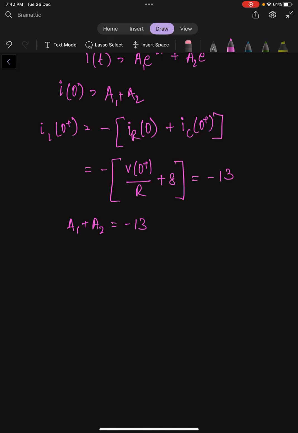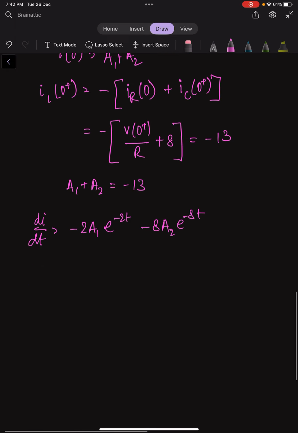We take the differentiation of the above equation, di by dt. We are left with minus 2A1 e power minus 2t minus 8A2 e power minus 8t. Now if we evaluate di/dt at t equal to 0, we have minus 2A1 minus 8A2.